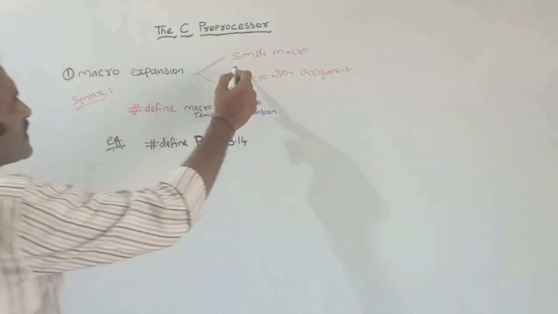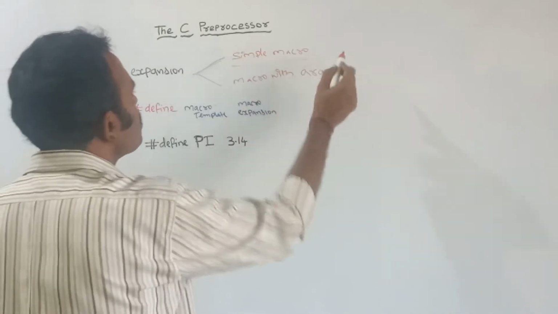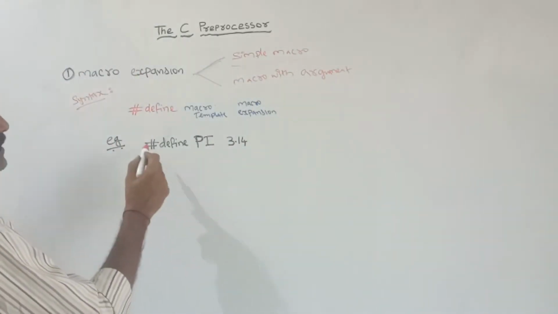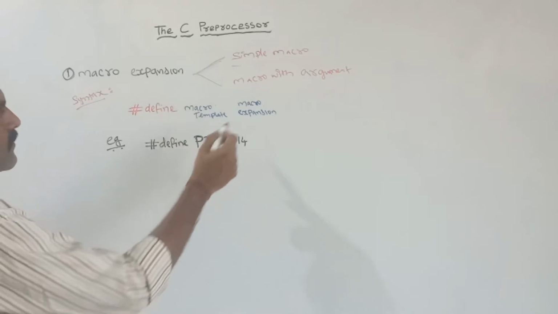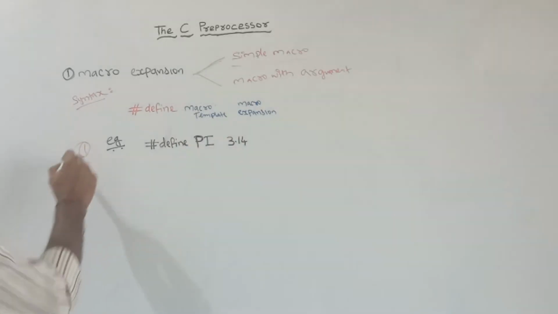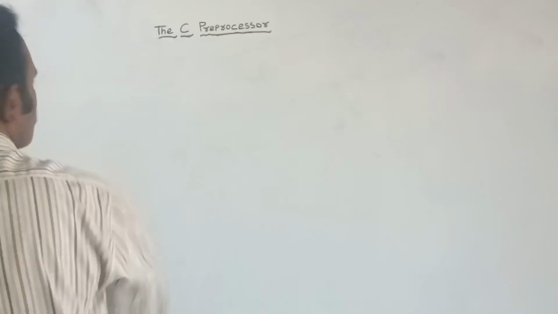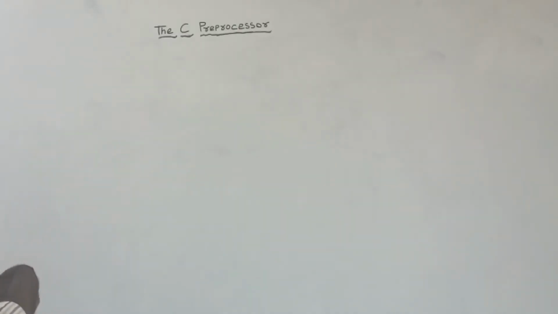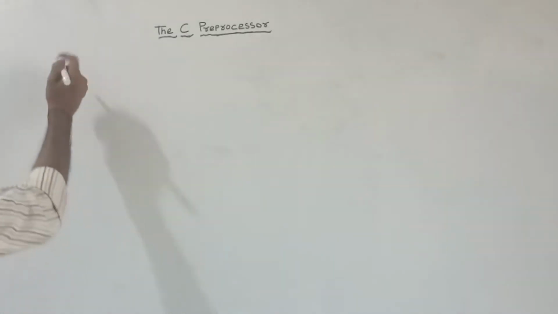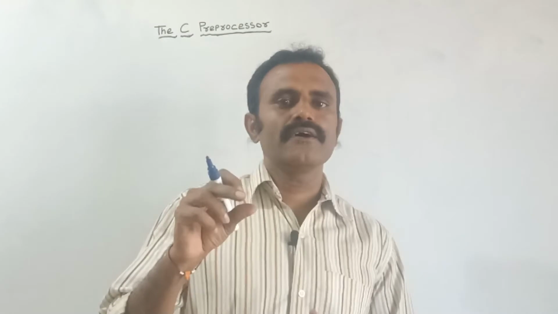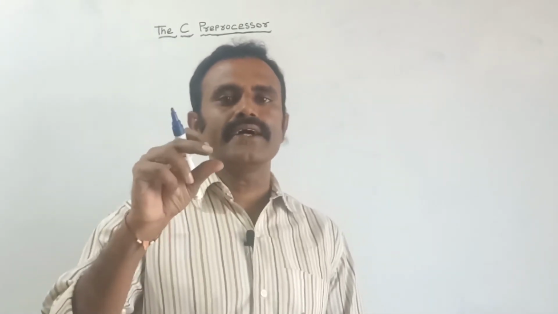Now let us see about the simple macro. In simple macro, we just define the macro template and expansion. First one. This program is used to find the area of the circle.